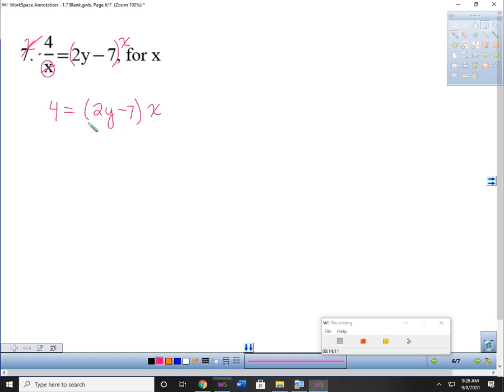So if I want to get x by itself, I have to divide by all of this, the 2y minus 7. I'm going to do that on this side as well. So that cancels. So now I just have x equals 4 over 2y minus 7.